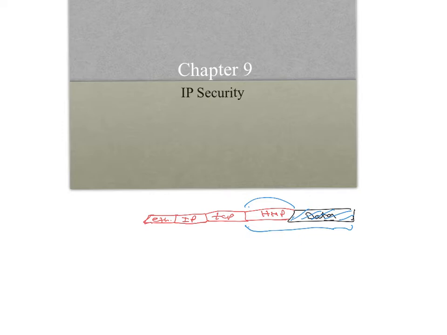But the problem is that if you have a host, first this host runs on a private network, right? And this private network has some internet service provisioning through a core network, right?